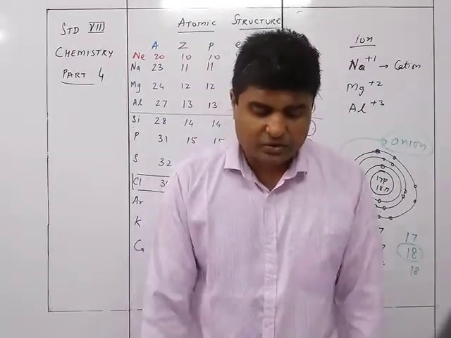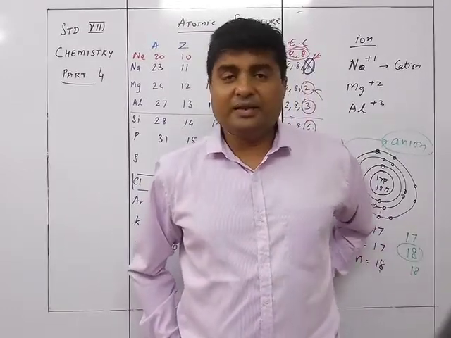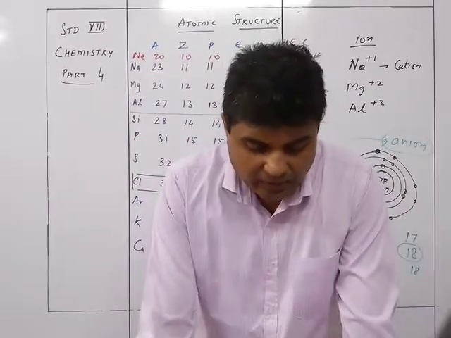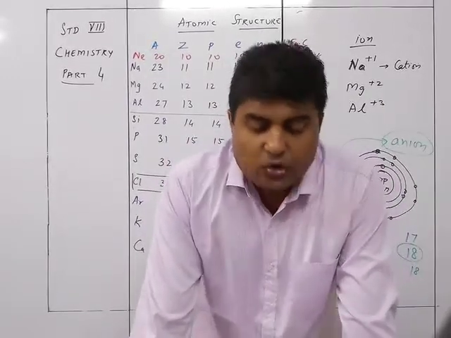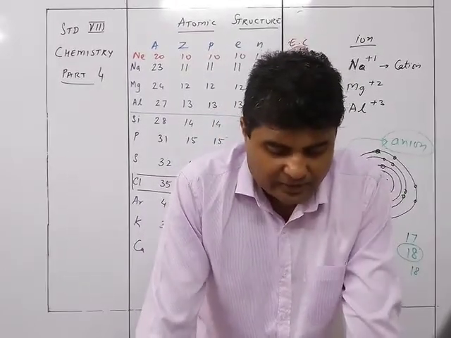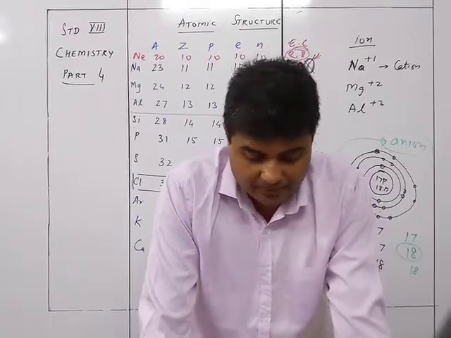They have 2 electrons in helium, or 8 electrons in neon, argon, krypton, xenon and radon in their outermost shell. They do not gain, lose or share electrons. So helium's electronic configuration is 2, neon is 2, 8 and argon is 2, 8, 8.